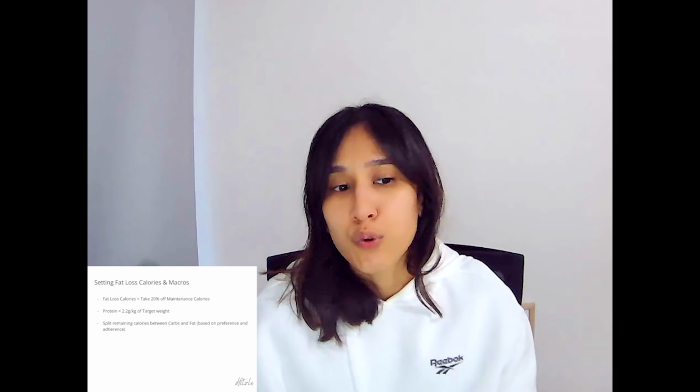I'm just going to keep things very simple here. For protein, we're going to aim for about 2.2 grams per kg of target weight. So say you are that 70 kg person that has maintenance at around 2,000 calories. These are all numbers off the top of my head just to make things easy to calculate. And your target weight is 60 kg, right?